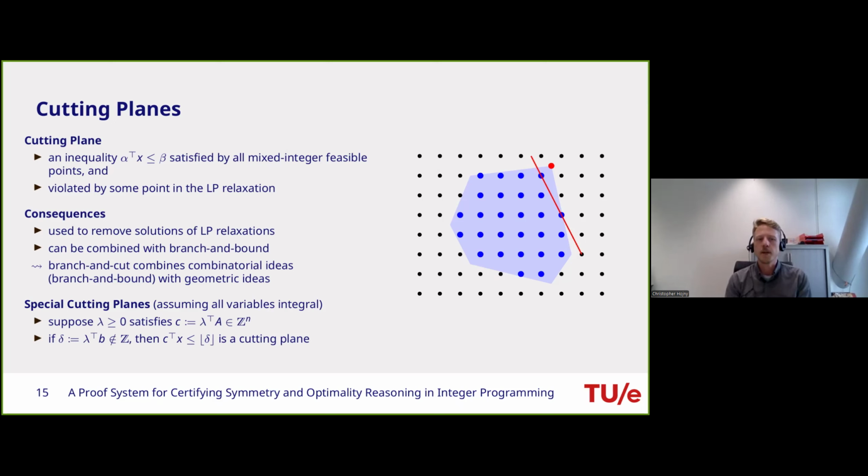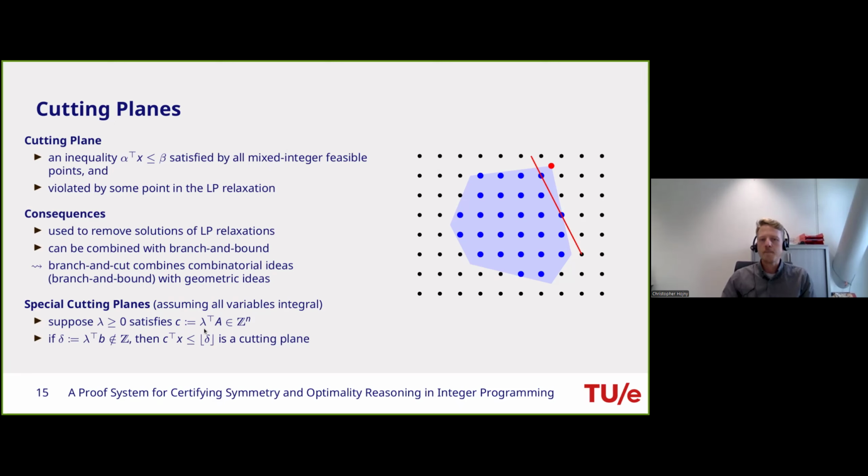like these cutting planes. And there exists also a very basic family of cutting planes, so-called Chvátal-Gomory cuts, which work in the context of pure integer programs, so where we do not have any continuous variables at all, as follows. I need to be able to find again an aggregation vector lambda that I multiply with my inequality system.